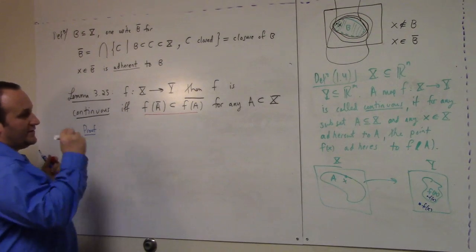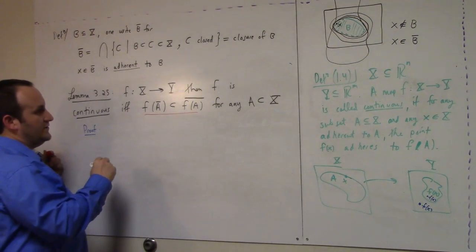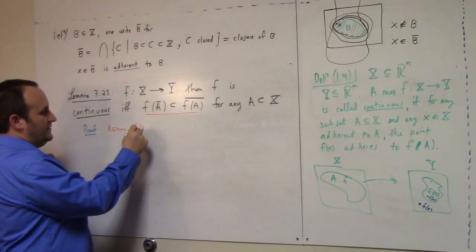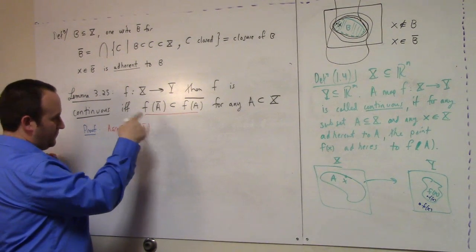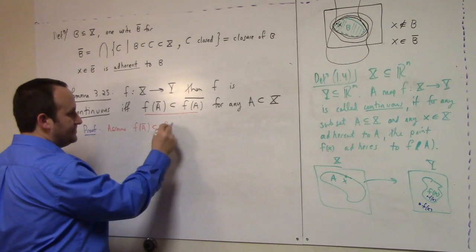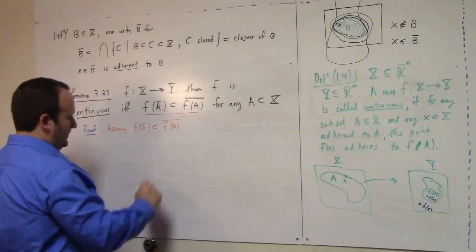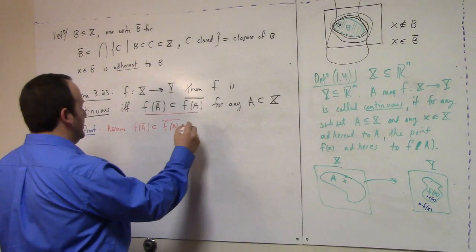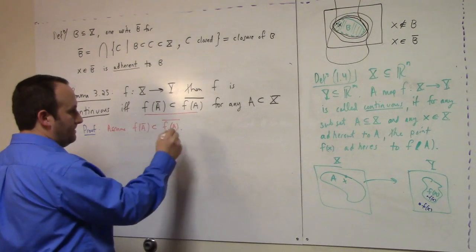All right. Other direction. We assume that f of the closure is a subset of the closure of the image. What do we want to do? Wish to prove f is continuous.